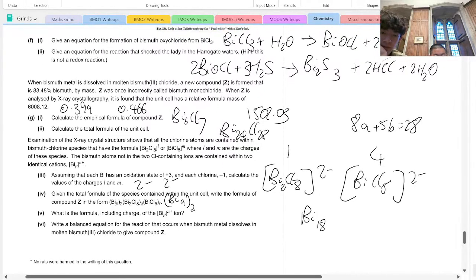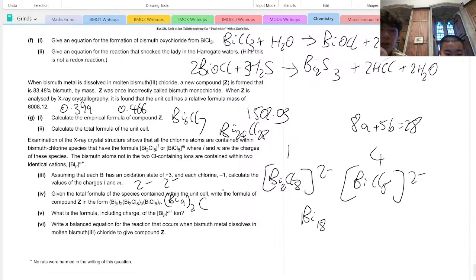Bi2Cl8, 1. BiCl5, 4. Okay, so this is 5 plus. Bi9 5 plus. Yes.